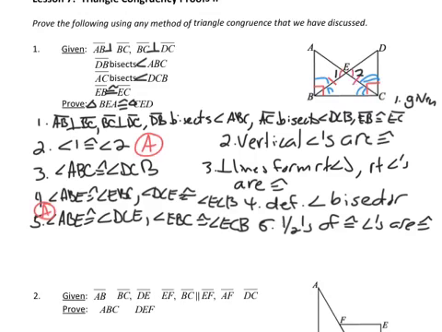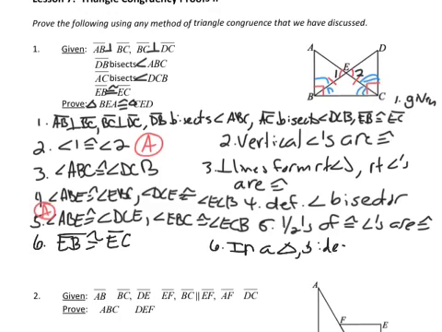Okay, so I can say EB is congruent to EC because in a triangle, sides opposite congruent angles are congruent. That's enough to say that my triangles are congruent.